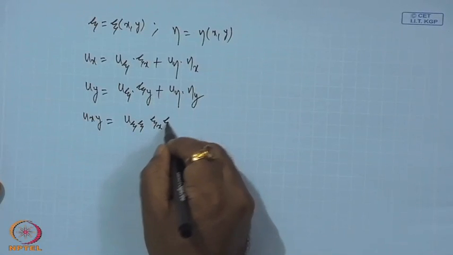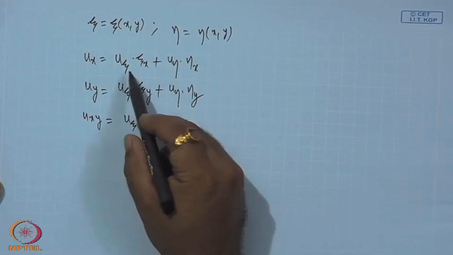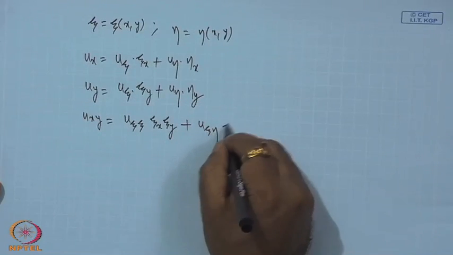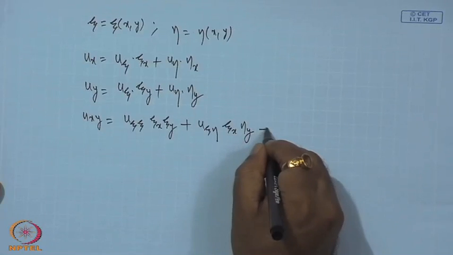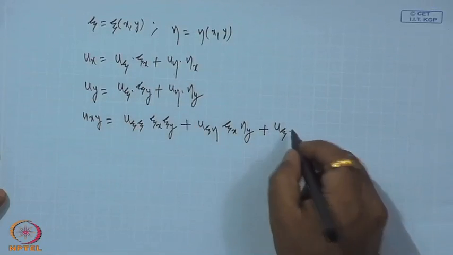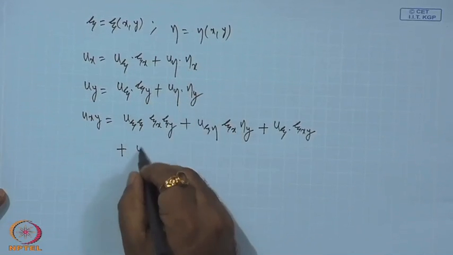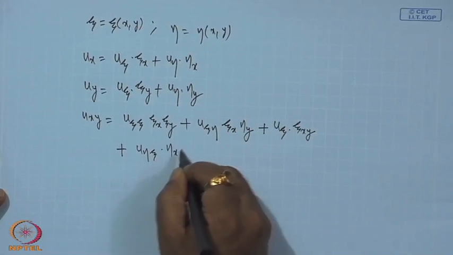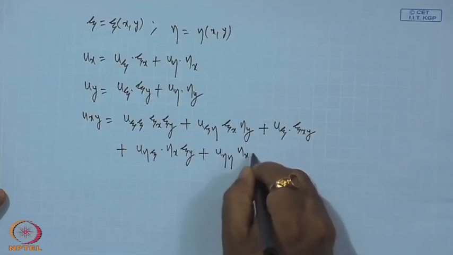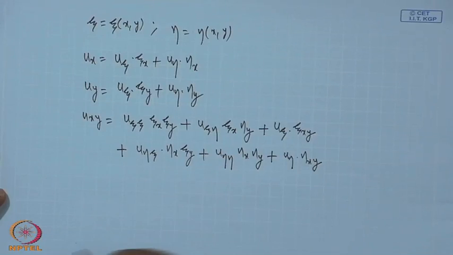So we get this plus u zeta eta, plus keeping this derivative of this with respect to y, then this term u eta zeta eta x zeta y, plus u eta eta eta x eta y plus u eta eta xy.